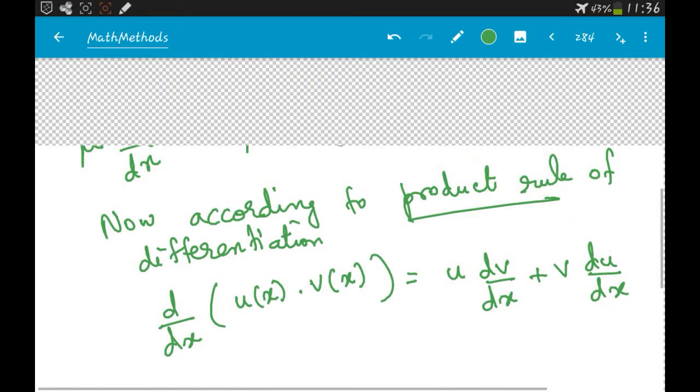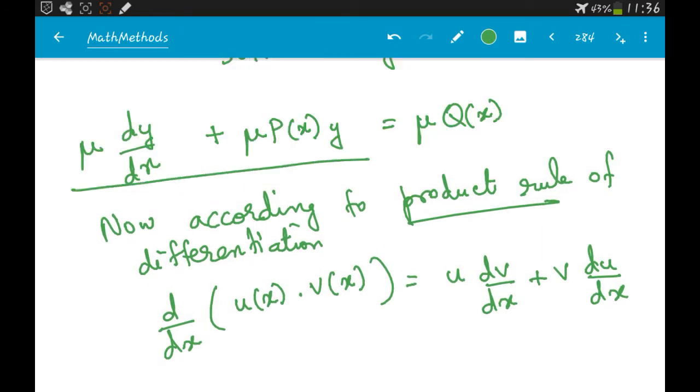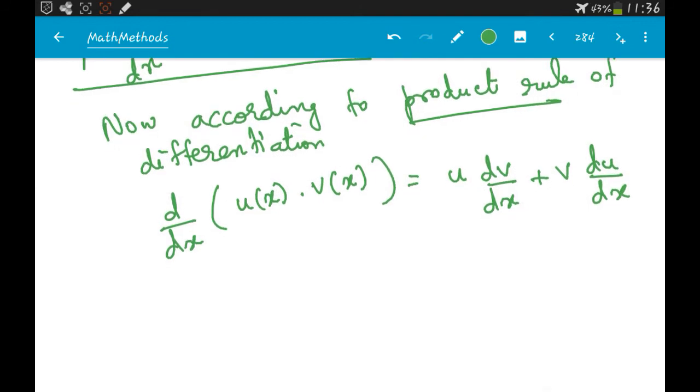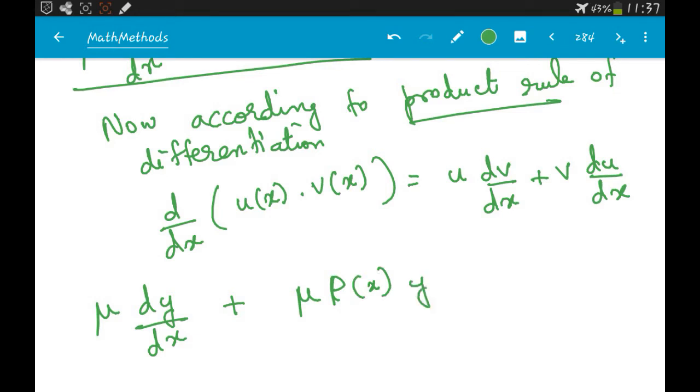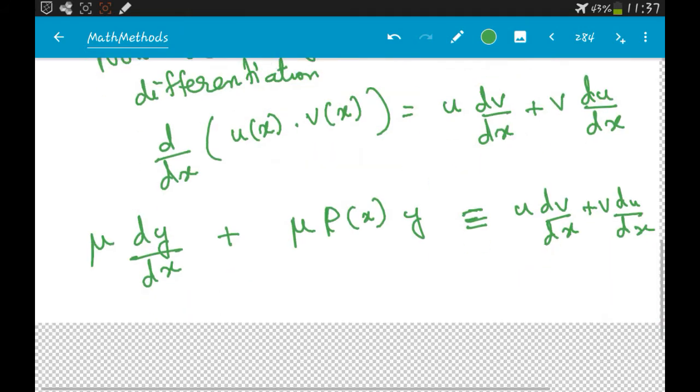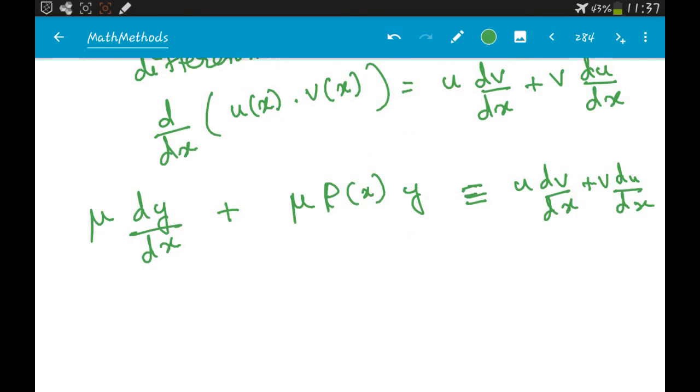The two terms on the left hand side are these two terms. So we'll do mu into dy by dx plus mu p of x into y. This is similar to u dv by dx plus v du by dx. Let's consider that v is equal to y and u is equal to mu.